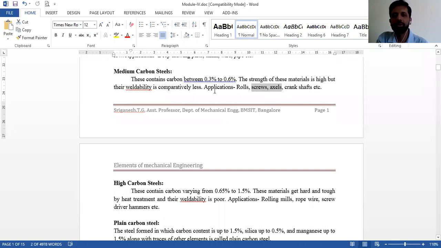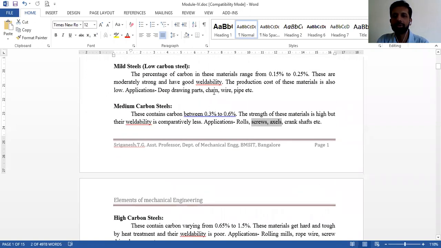What we have to see here from another angle is that if the chemical contents change, then their properties are going to vary. We need to have an idea of what properties can be varied.